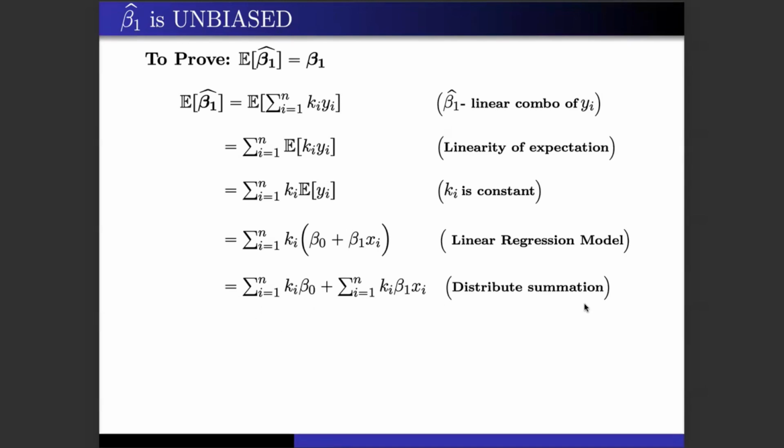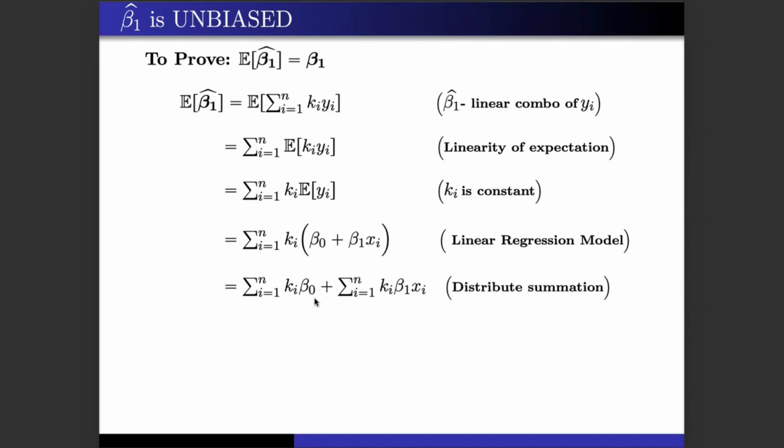And when we do that, we get summation i going from 1 to n ki beta naught plus summation i going from 1 to n ki beta 1 xi. Let's try to simplify both the terms separately now. In the first term, we have summation ki beta naught. We know that beta naught is unknown but a fixed quantity.